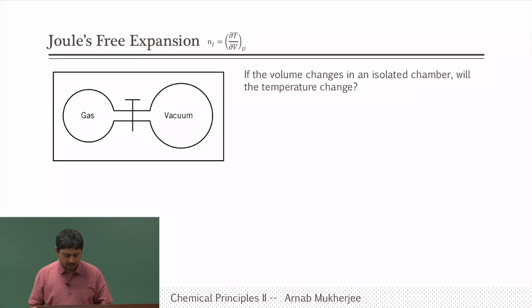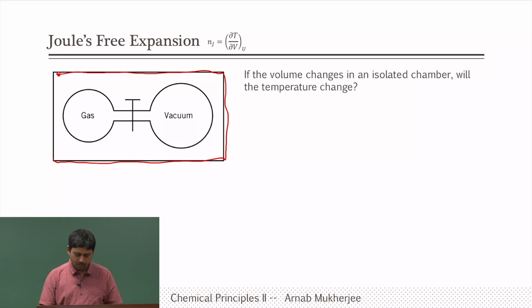The free expansion process is designed in such a way that there are two chambers in an isolated system. This is an isolated system, which means that total energy will be conserved, and an isolated system will not allow any heat exchange in or out.